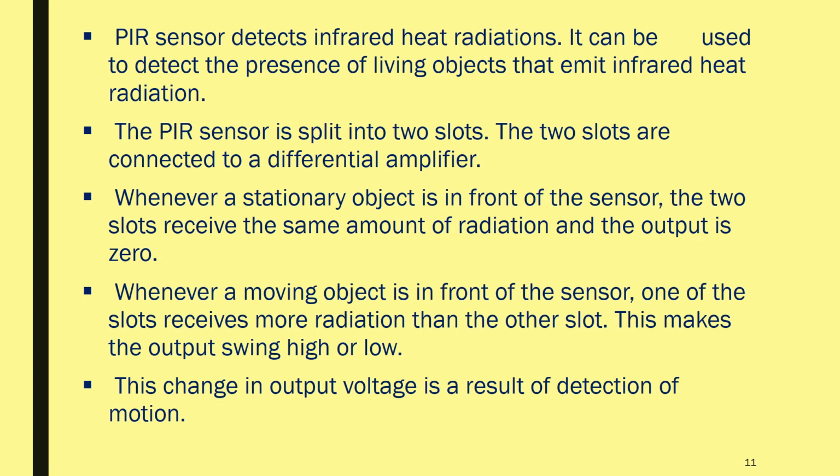The two slots are connected to a differential amplifier. Whenever a stationary object is in front of the sensor, the two slots receive the same amount of radiation and the output is zero. Whenever a moving object comes in front of the sensor, one of the slots receives more radiation than the other slot, and this makes the output swing high or low. This change in output voltage is the result of detection of motion.